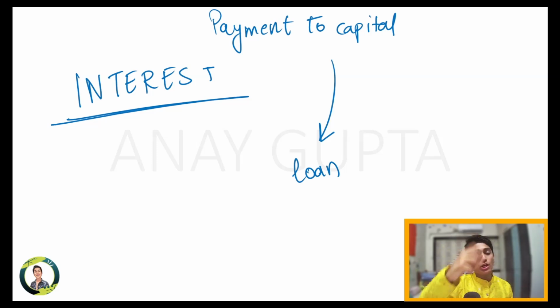If I'm taking your money, and money is also a form of capital, to say buy a house, then I will pay interest on your capital, on your money, and I will repay that to you, right? So capital earns interest. A very simple concept, and over here there is no real need to complicate this concept.